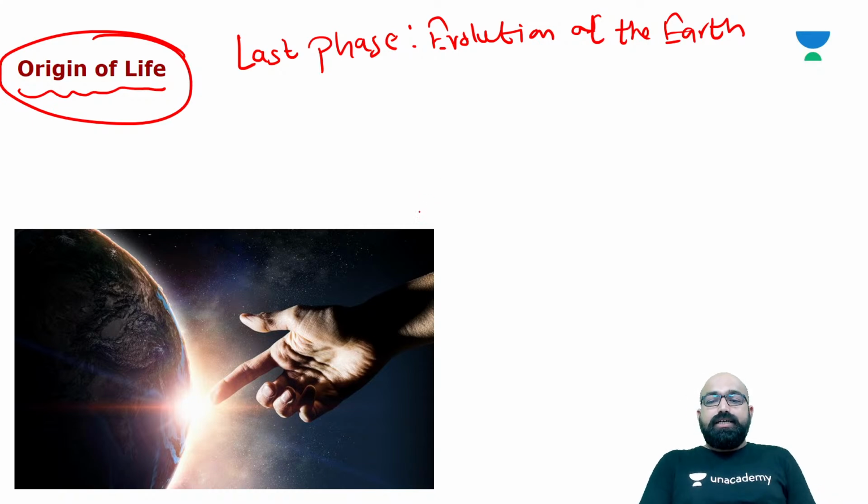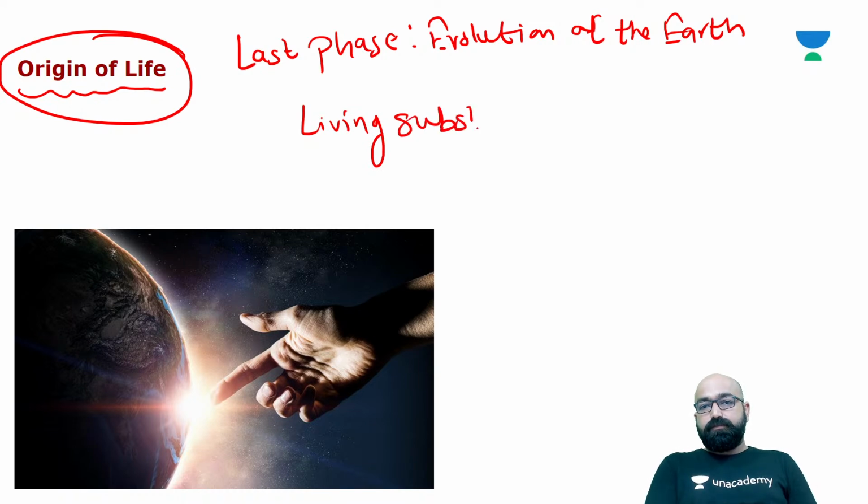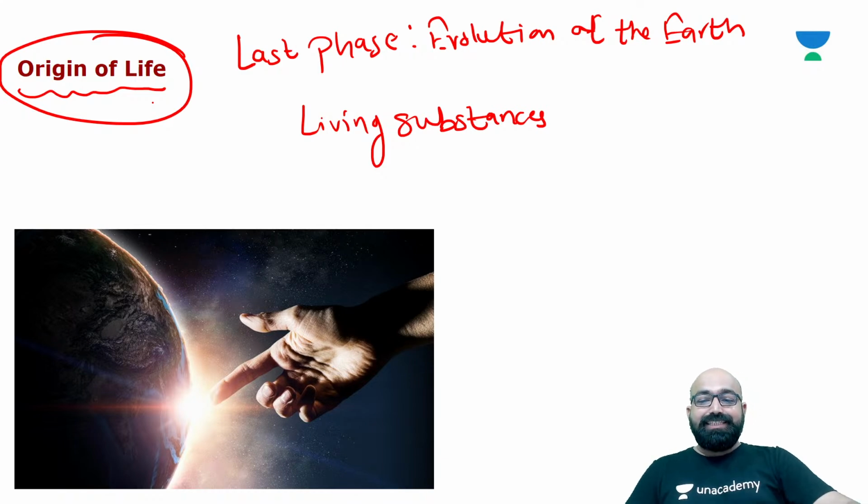So this assemblage was such that they could duplicate themselves, which is converting inanimate matter into living substances. Now, the record of life that existed on this planet in different periods.